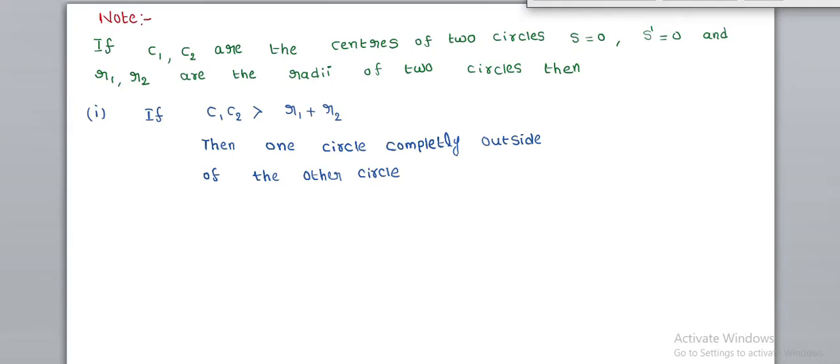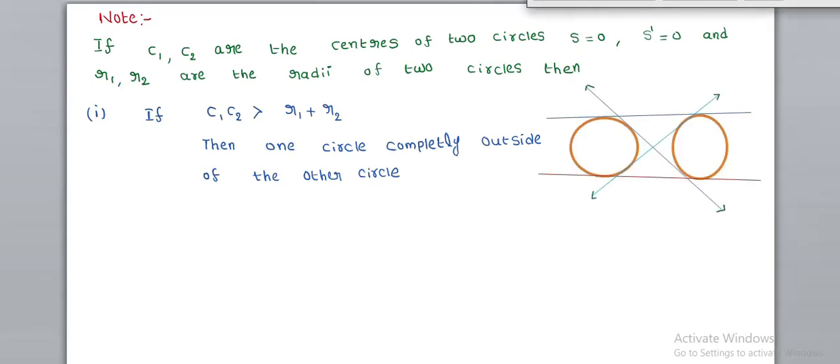So then one circle is completely outside the other circle. Please observe the diagram. Please observe what this means. We get four common tangents.